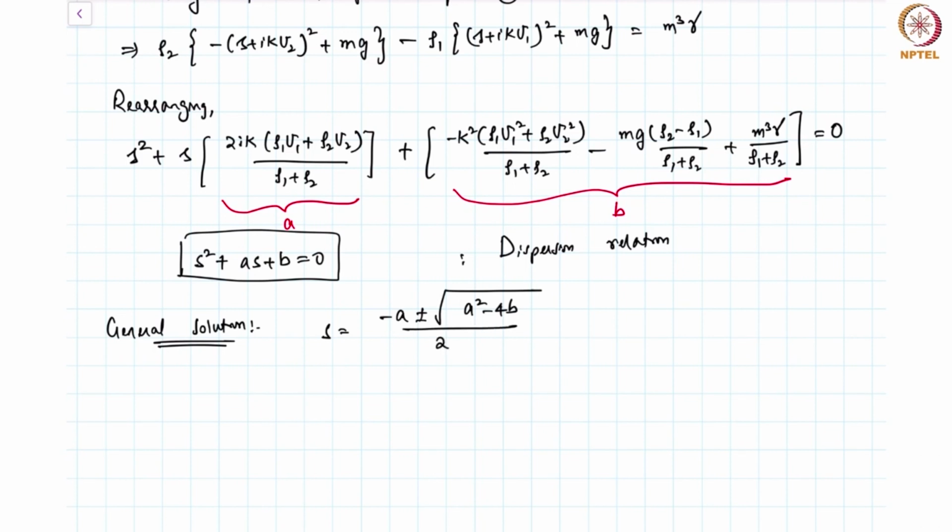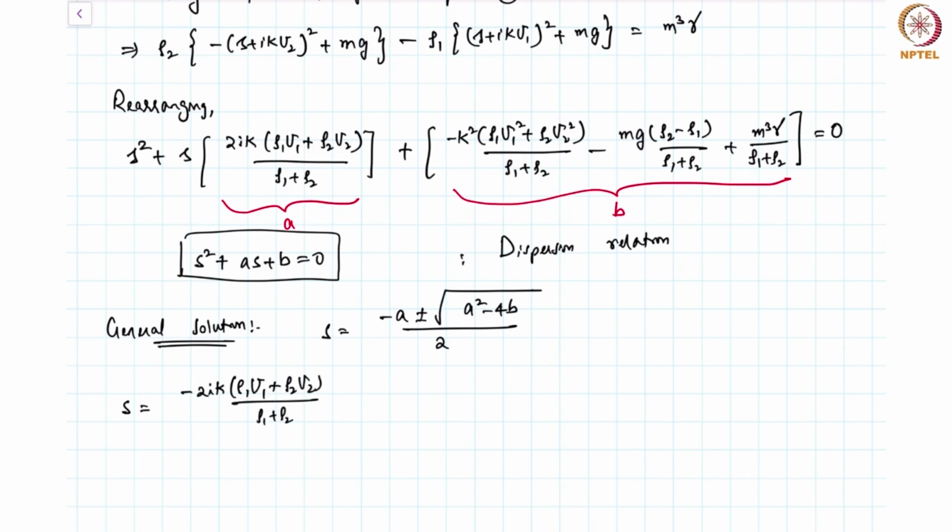Let's first write down the general solution, and some simplification has to be done, but let's write it down first. S would be minus A, that's minus 2ik (rho 1 u1 plus rho 2 u2) by (rho 1 plus rho 2).